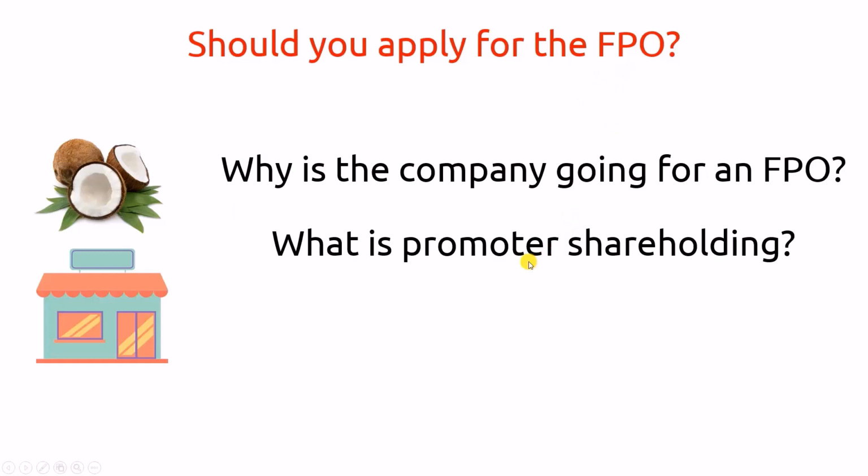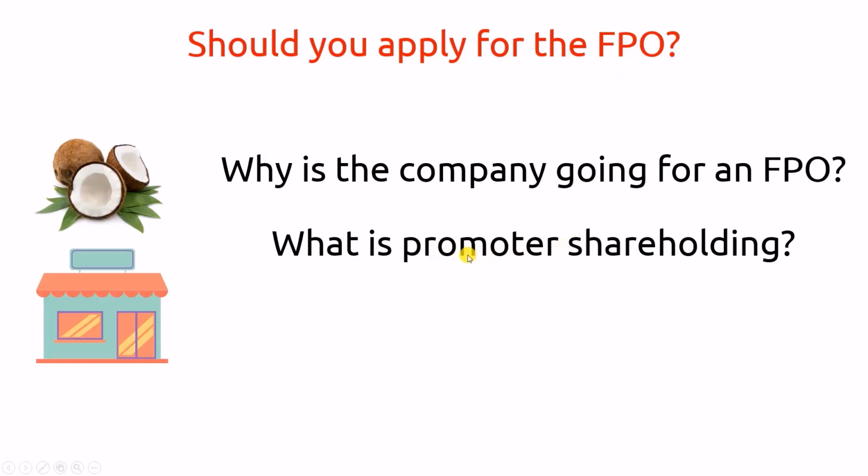Whereas if you see an OFS in FPO, okay, so in the FPO, if you see offer for sale, that is, if promoters are trying to sell their own shares in an FPO, then it is a bad sign.